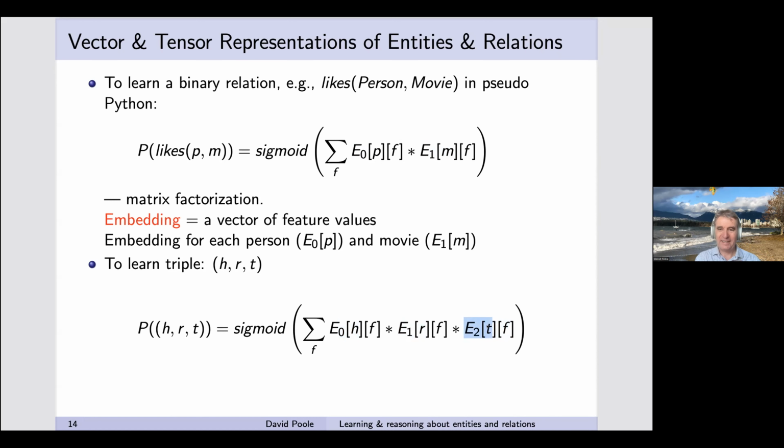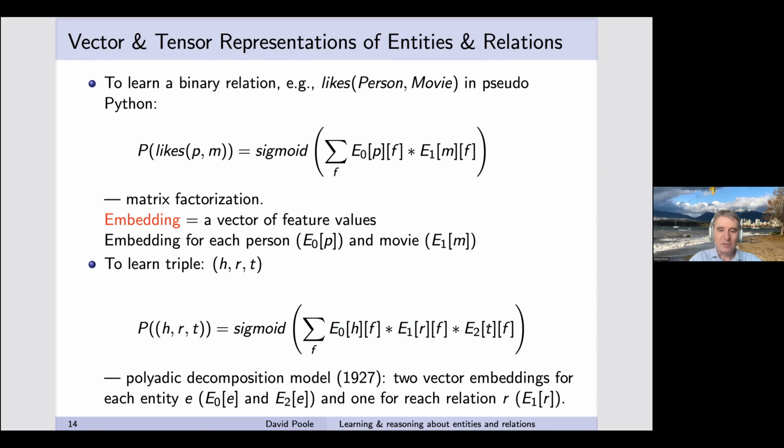If you've been indoctrinated into matrices and vectors, you might not like the three-way one, but for some of us, this is obviously the most natural solution. It's called the Polyadic Decomposition. It's from 1927, and people were very happy to talk about higher order tensors.